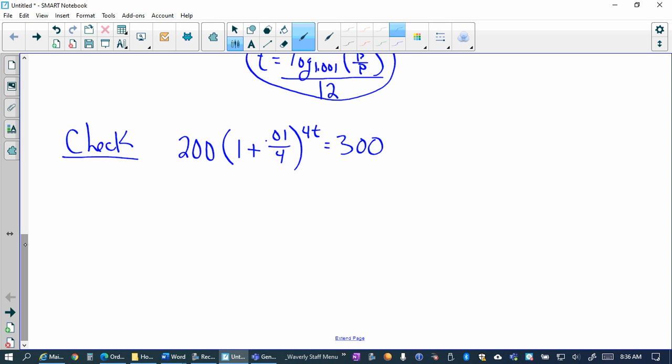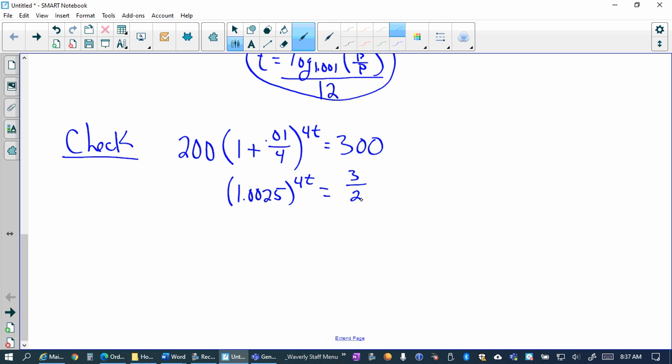We divide both sides by 200, and 1.01 divided by 4 ends up being 1.0025, to the 4t, and 300 divided by 200 just reduces to 3 halves.